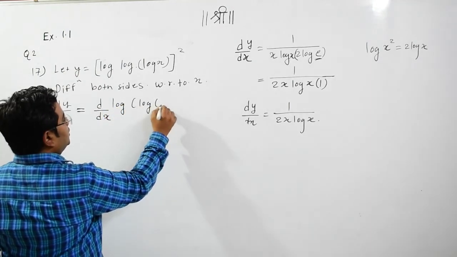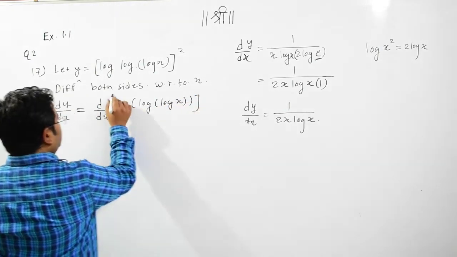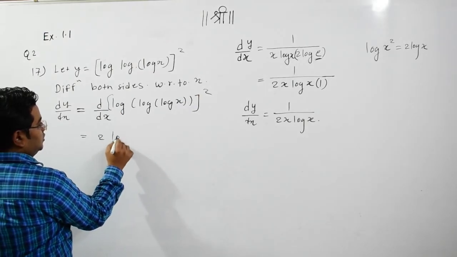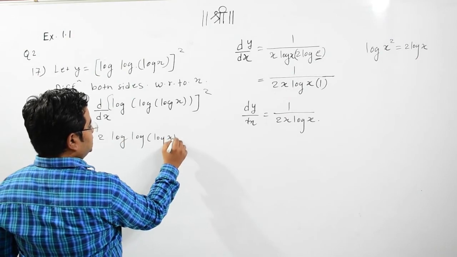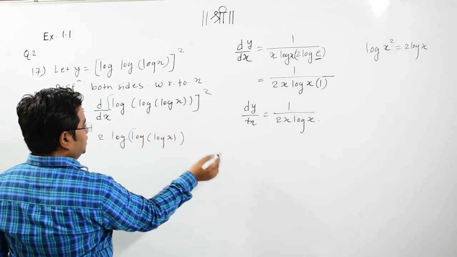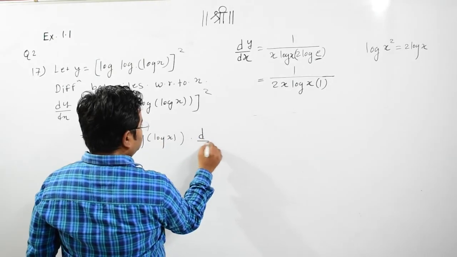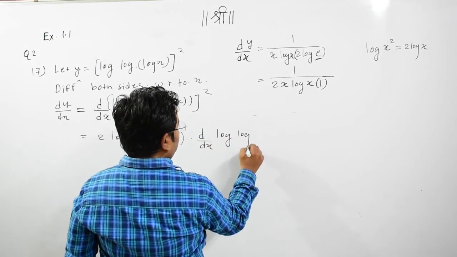Log of x, whole bracket square. This is f of x square. So 2 log of x. Okay, done.